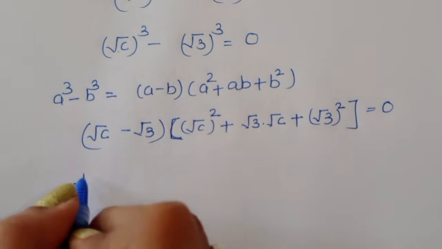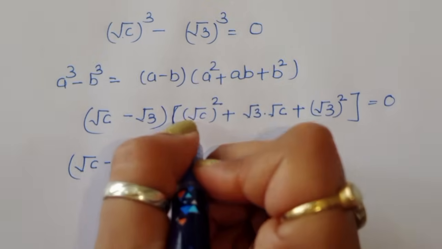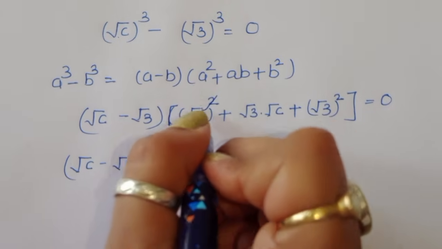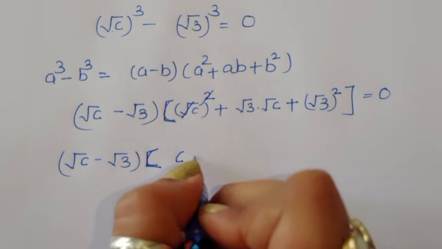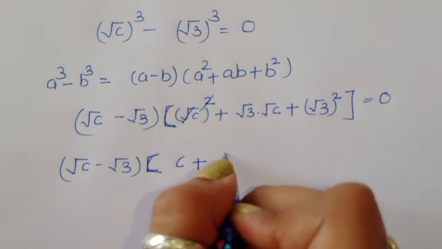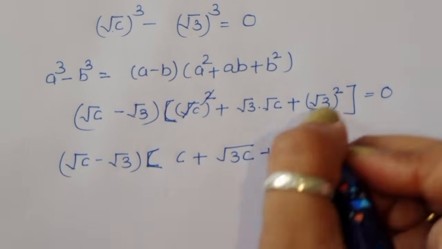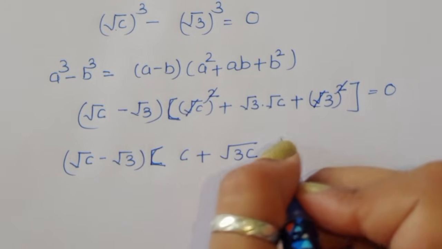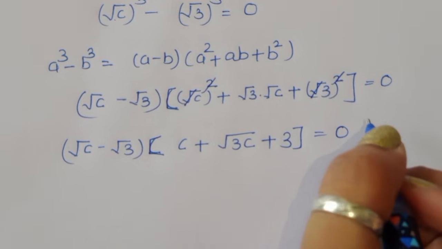Now square root of c minus square root of 3 times square root of c square, so the square and square root will cancel, and here it will come c plus square root of 3c plus 3 is equal to 0.